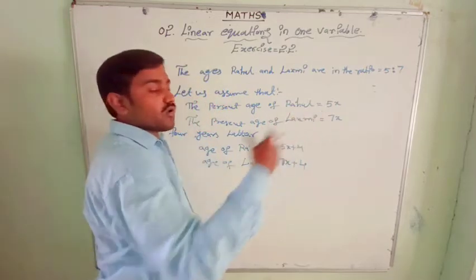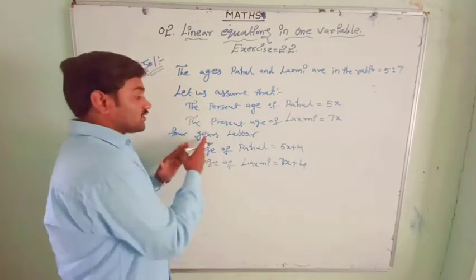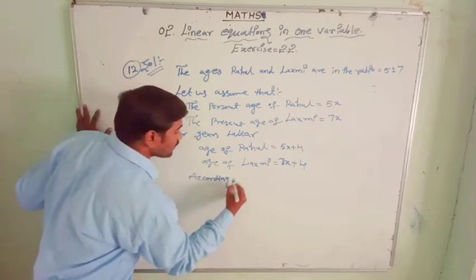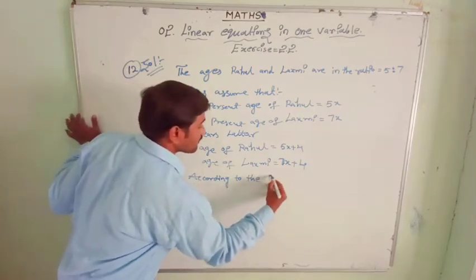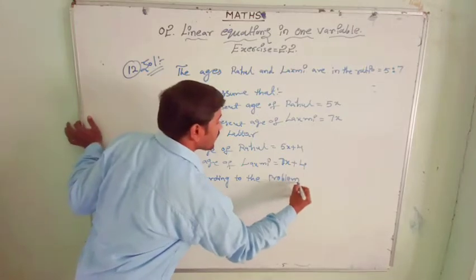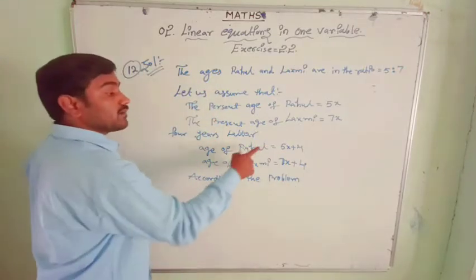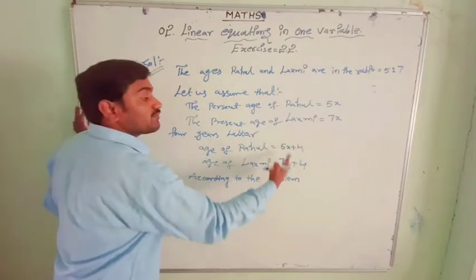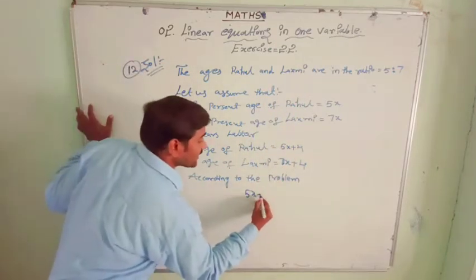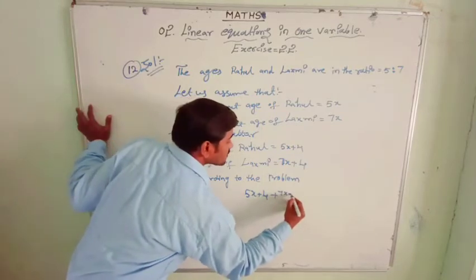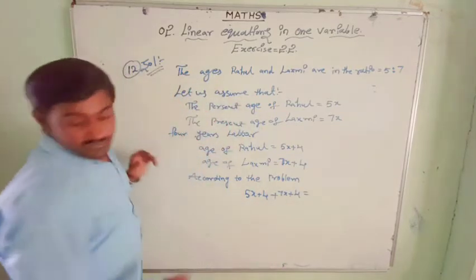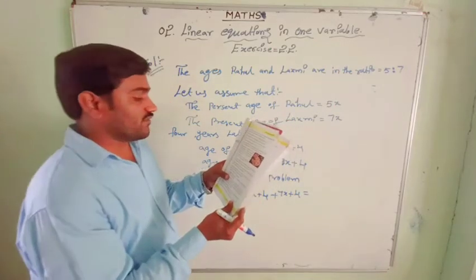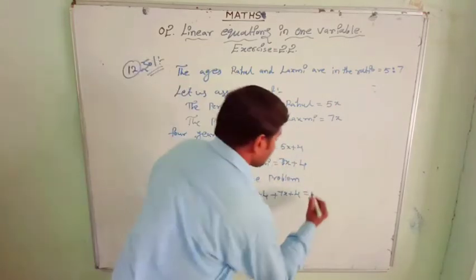So 4 years will be more. Then according to the problem, the sum of their ages after 4 years, that means 5x plus 4 plus 7x plus 4, will be 56 years.